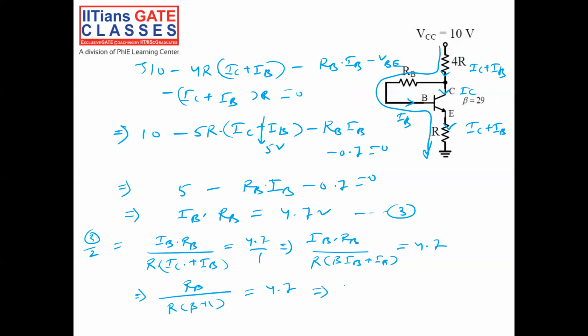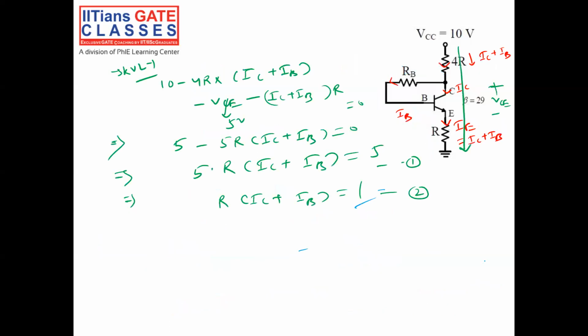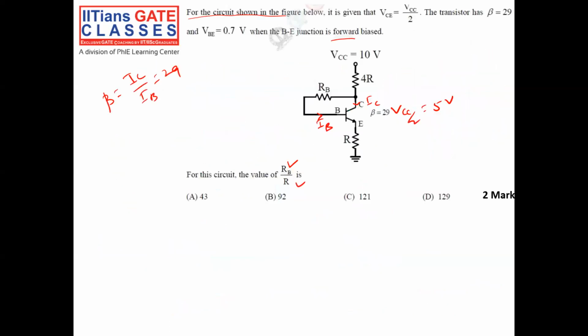This implies RB by R equals 4.7 into beta plus 1, which is 4.7 into 30. Let's do the calculation: 4.7 into 30 equals 141.